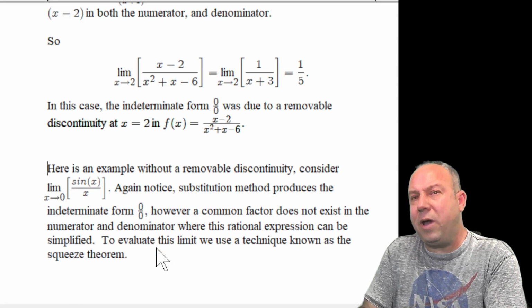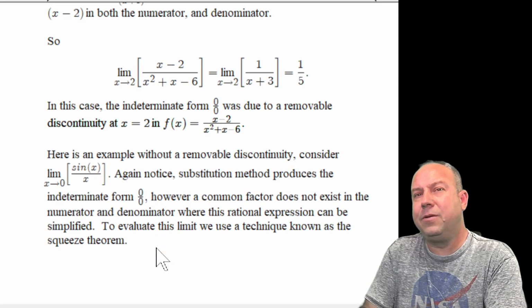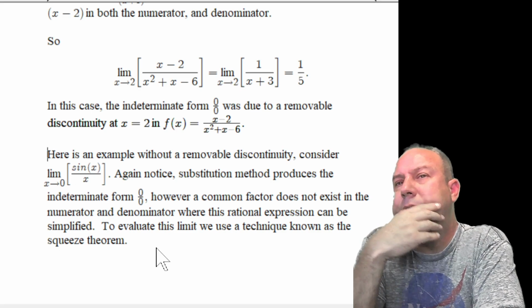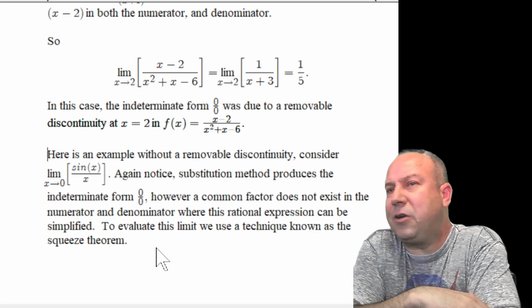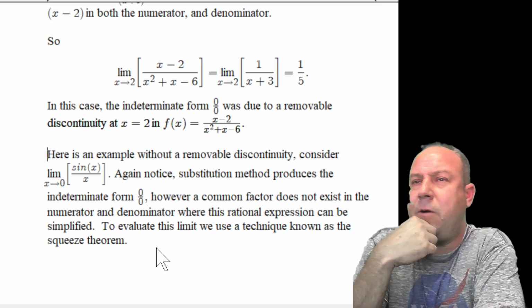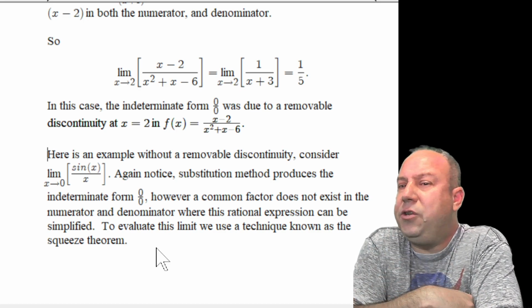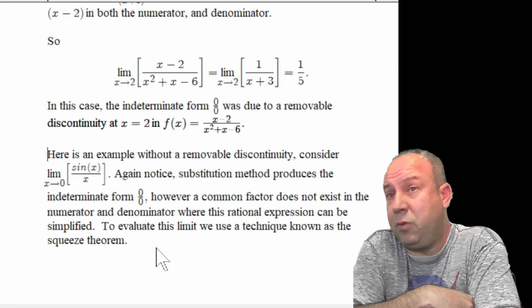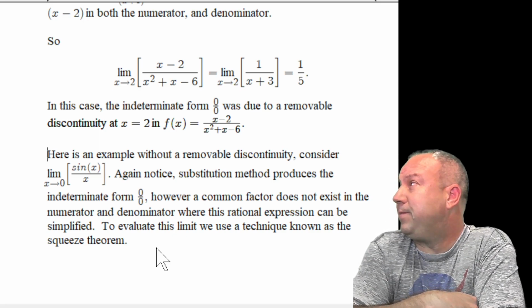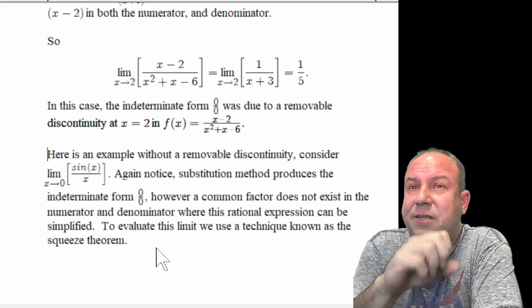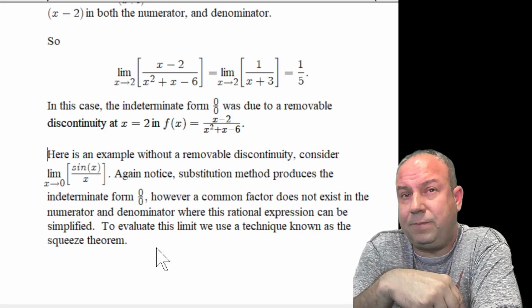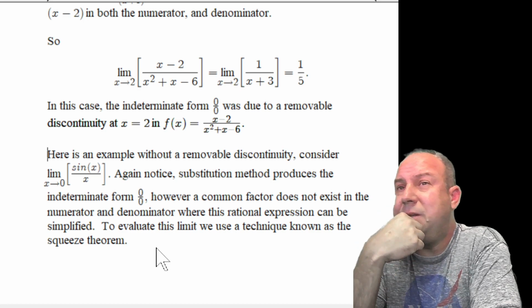Now, I do have here one other example that produces the indeterminate form of 0 over 0, where we do not have a removable discontinuity. You can't always expect a discontinuity to be removable, as we had seen in the previous case.